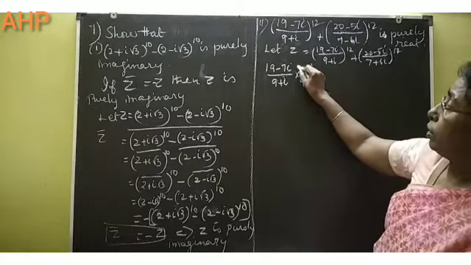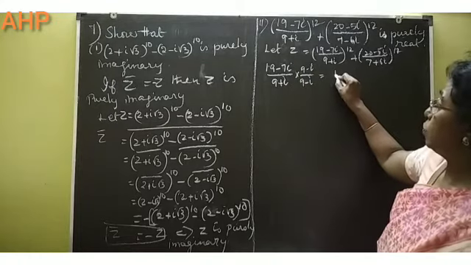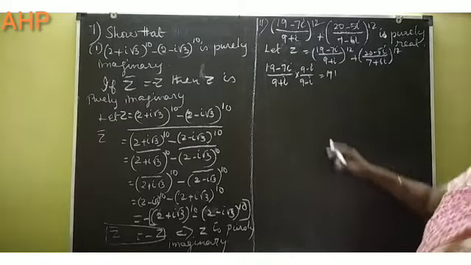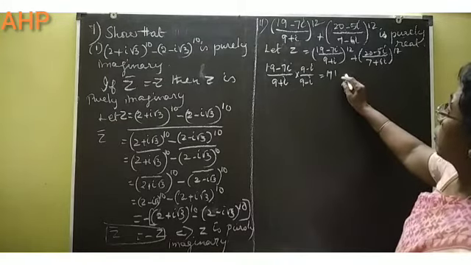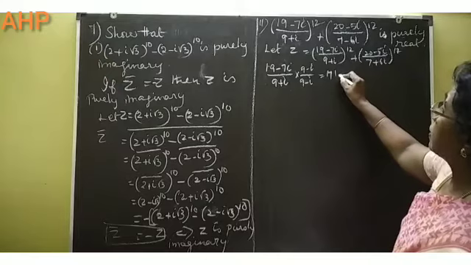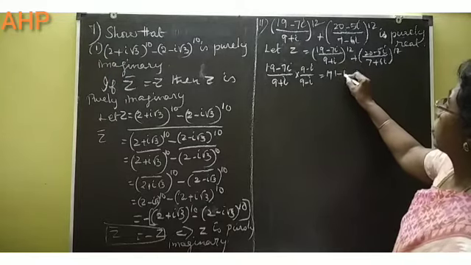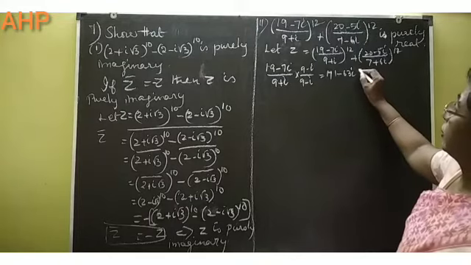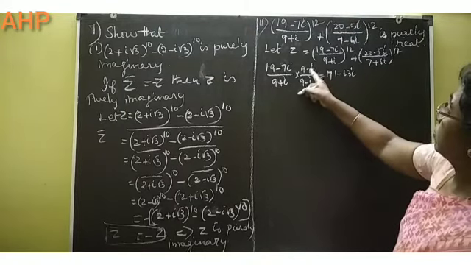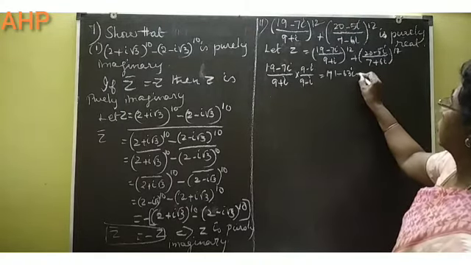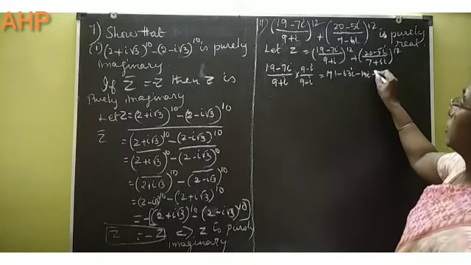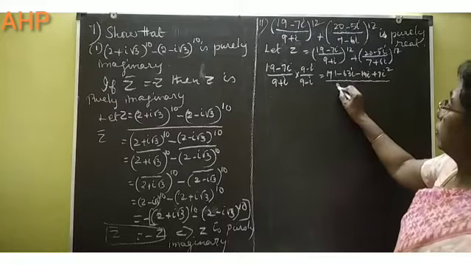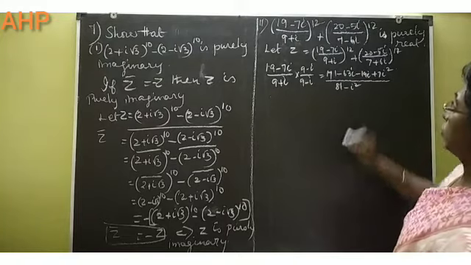This will give you 9 into 19, 171, minus 19i plus 7i square, divided by 81 minus i square.